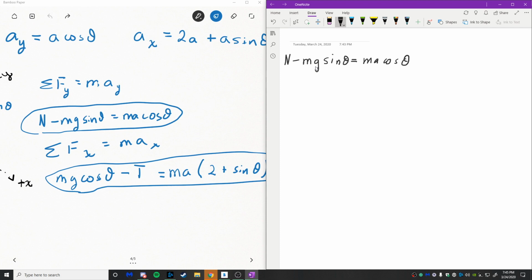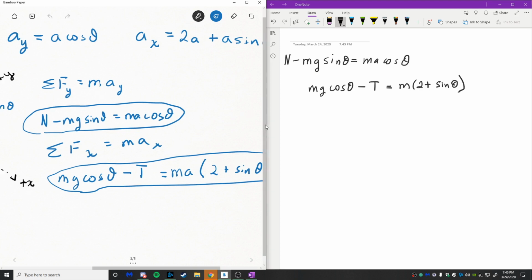Maybe I did though. Our other equations, I'll just write them more in the middle of the page, are going to be mg cos theta. Those are our two equations there.